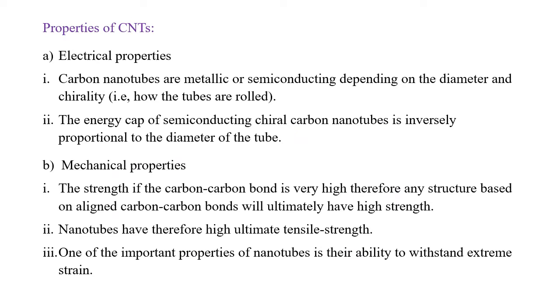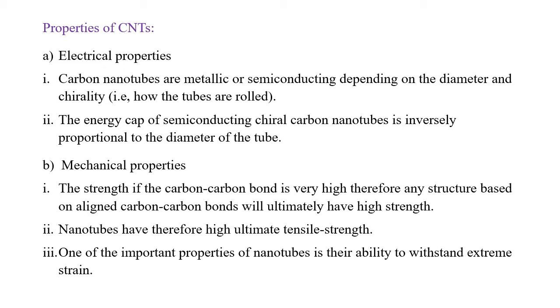Properties of carbon nanotubes. First, electrical properties. Carbon nanotubes are metallic or semiconducting depending on the diameter and chirality. Next, the energy gap of semiconducting chiral carbon nanotubes is inversely proportional to the diameter of the tube.